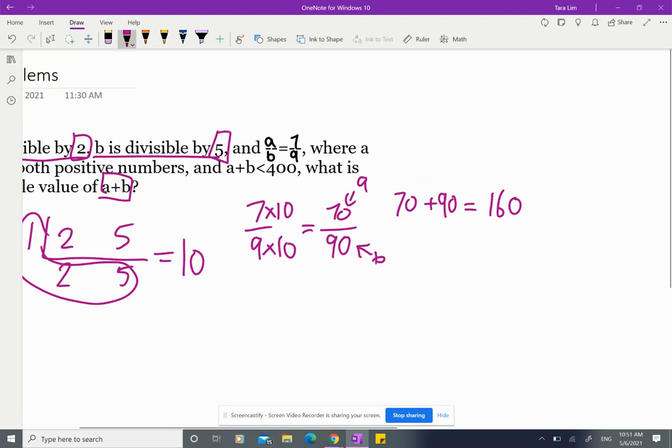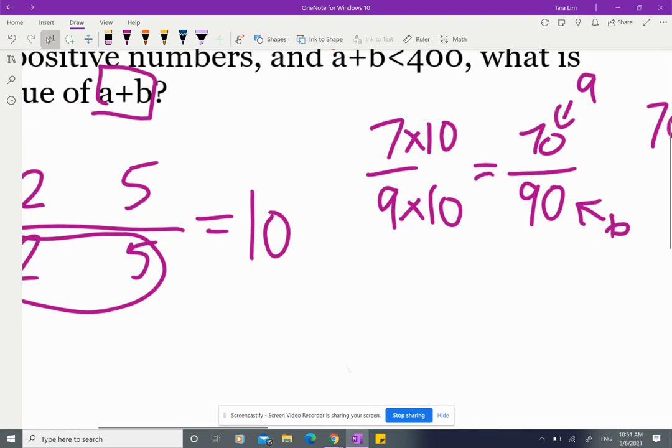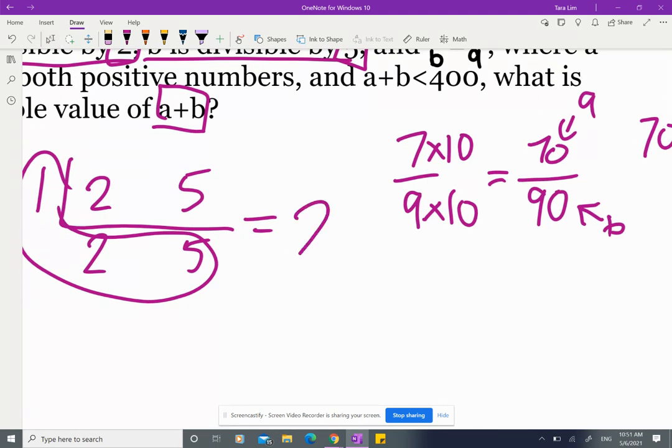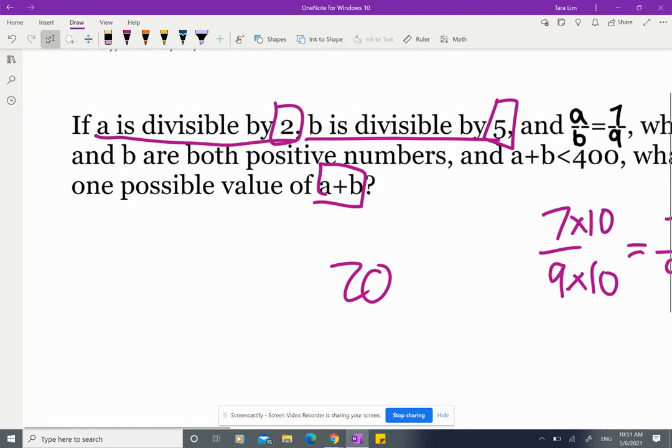So that is one possible value. Now let's try another common denominator. We can do 20. So let's try doing 20 for the common denominator, because 20 divided by 2 is possible, and 20 divided by 5 is also possible. So 20 is a common denominator for both of them.